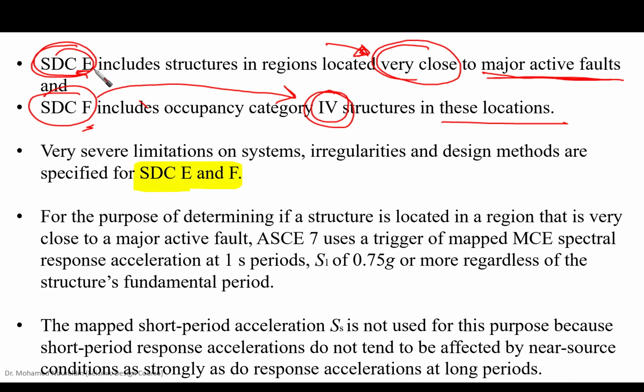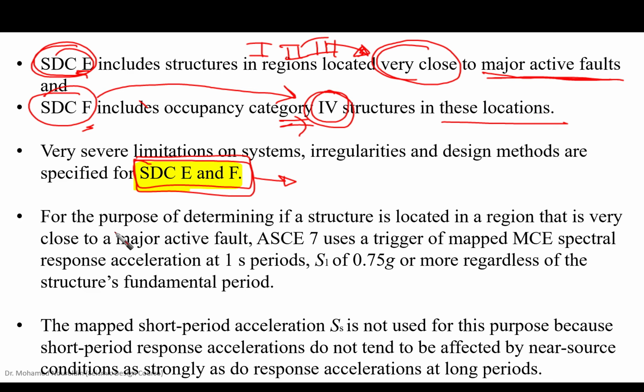This means that SDC E is for risk category 1, 2, or 3, but F is for risk category 4. Very severe limitations on systems, irregularities, and design methods are specified for E and F. That's right, SDC E and F are very limited. You are going to find they are not accepting lateral resisting systems in many cases, only nonlinear time history analysis, drift limitations are very stringent, and so on.